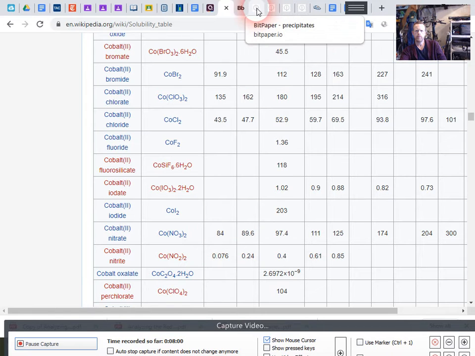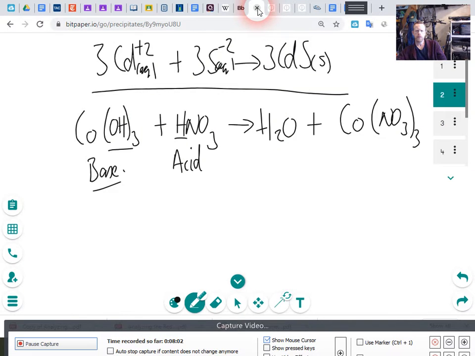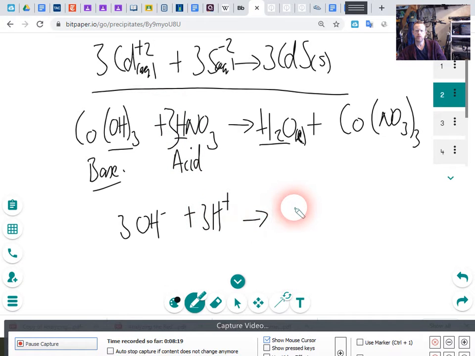Okay, so that's what's being produced. That's what drives this reaction. That's liquid, so it's my bad, L. So this would be 3 OH minuses plus 3 H positives goes to 3 H2O liquids. AQ, AQ.